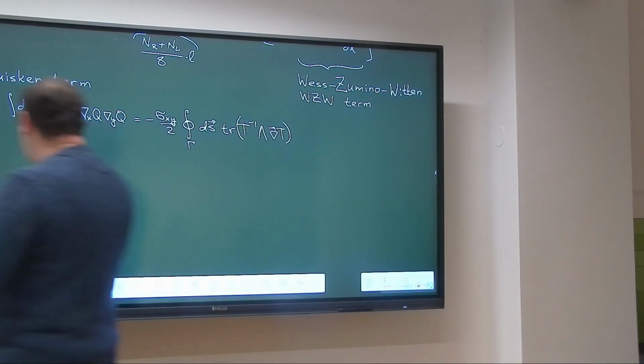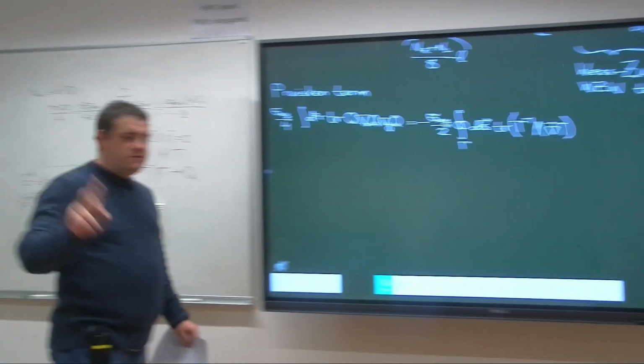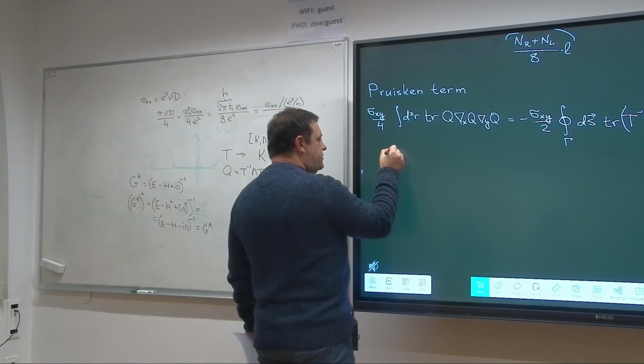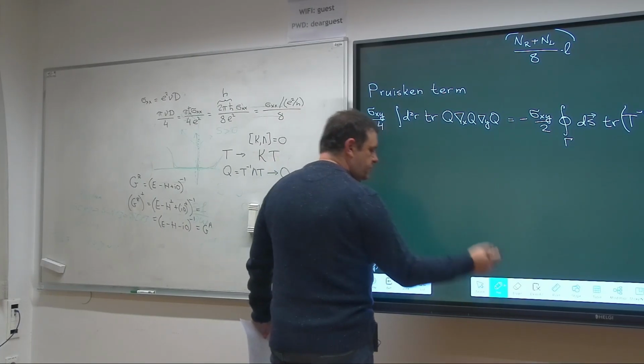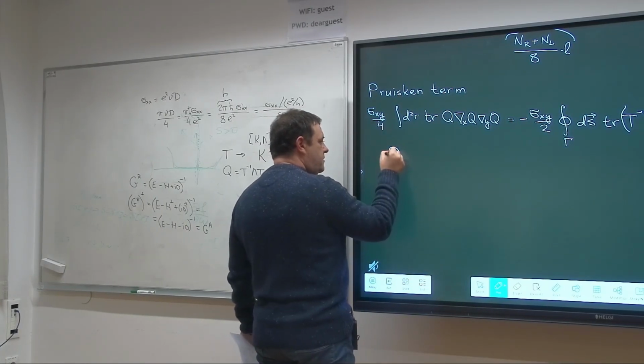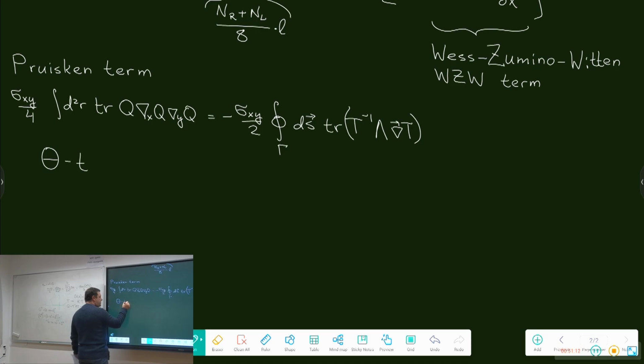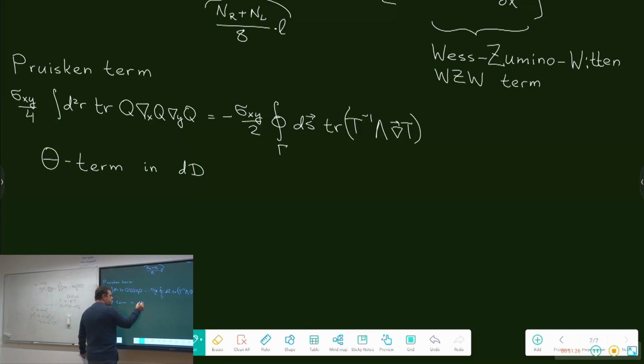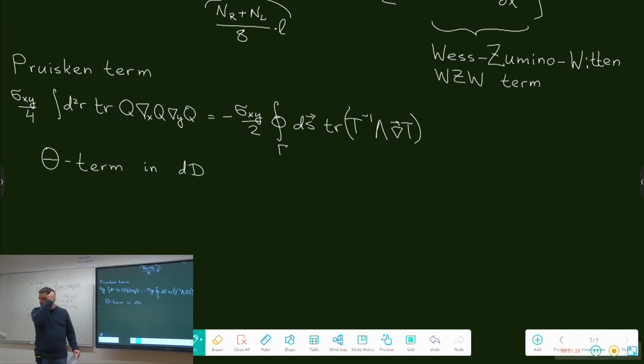Okay, so there are two different things. There is a theta term, the one that Pruskin did. This is a theta term. Now I will write a general statement. Theta term in d dimensions, in our case d equals 2, but can be actually anything.